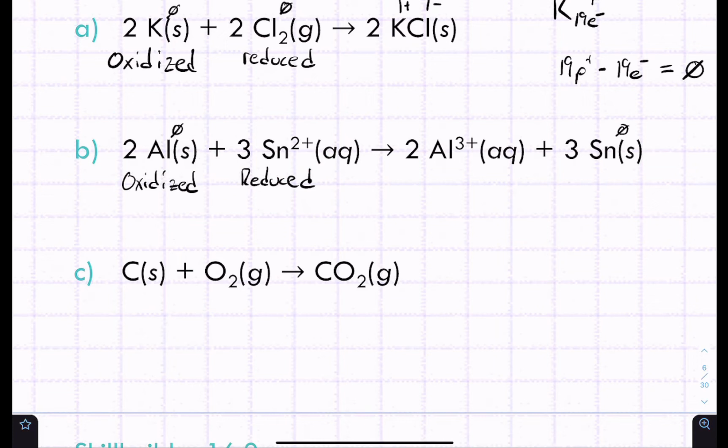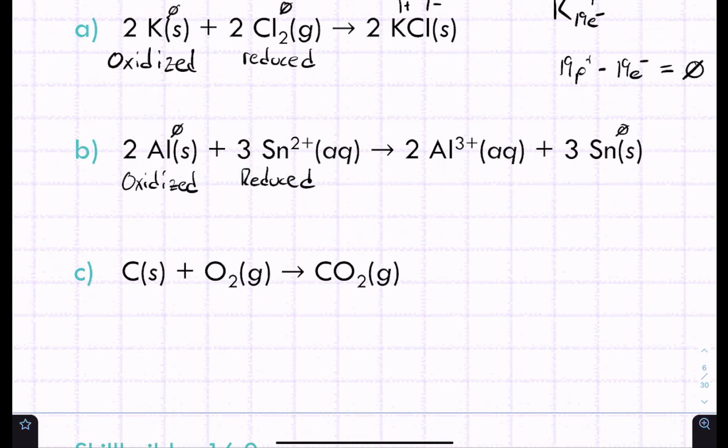Is it safe to say that when you see a plus, it's reduced? If it starts on the left side with a plus? Not always, because it could go from a 2 plus to a 3 plus. It would be getting more positive, so it could still lose an electron even if it starts with a positive charge. You can't say it's always going to be that, and you're not always going to see the charges.